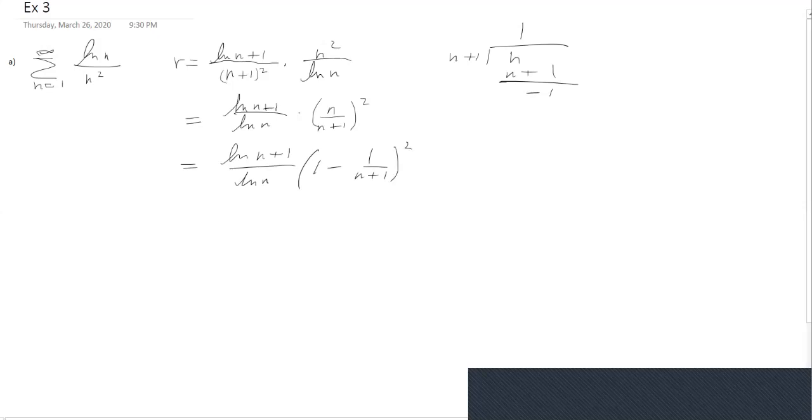Okay, so even after that, you still have infinity over infinity here, and this is 1 minus 0, so that's just going to be 1 squared. So we have to concentrate on finding this limit. And by the way, I won't say that that's R, because R is the limit, so I haven't found the limit yet.